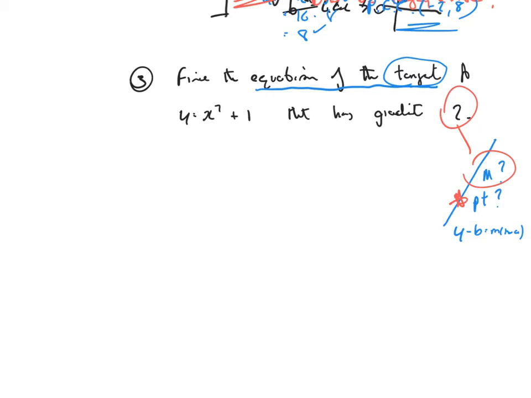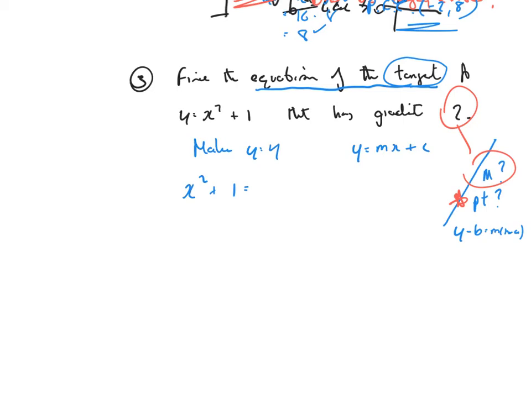Okay, so let's see how we're going to go about this one. Okay, tangency exists. So I'm going to first of all make y equal to y. That's the first thing. So it's going to be x squared plus 1 is equal to the straight line. Now, what I know is that this straight line has a gradient of 2, but what it doesn't tell me is the y-intercept.